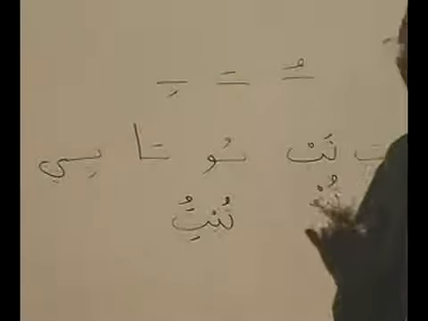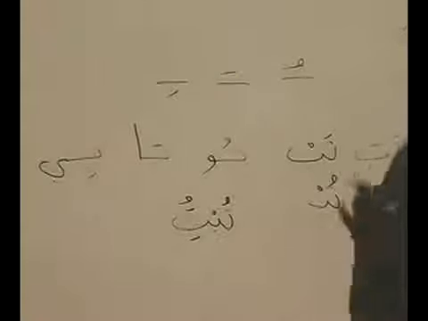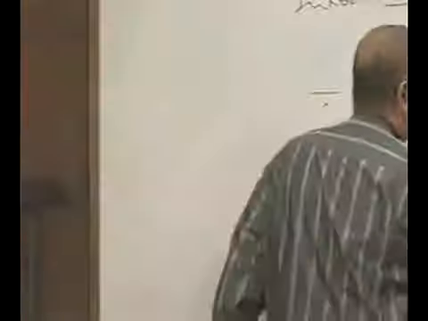It means it has no vowel sign. Sukoon means there is no vowel sign on the letter. Is it clear, inshallah? Try and remember this, brothers. Okay, now we come to the other part of the handout, brothers and sisters.